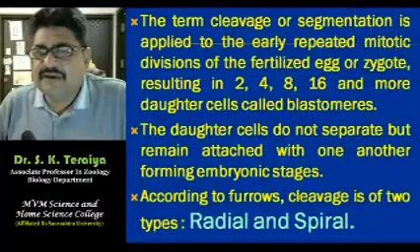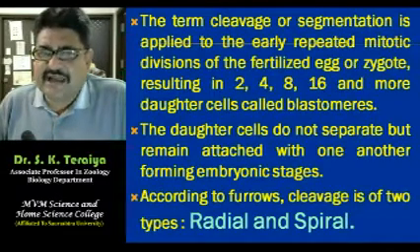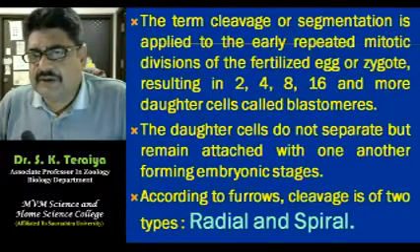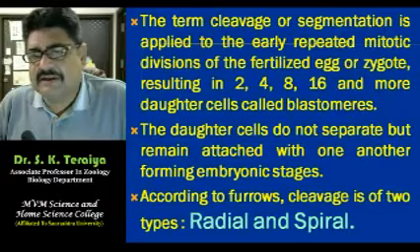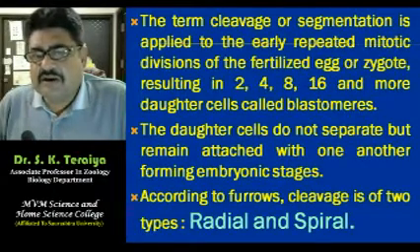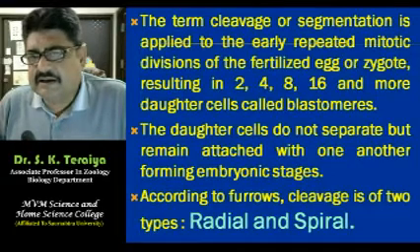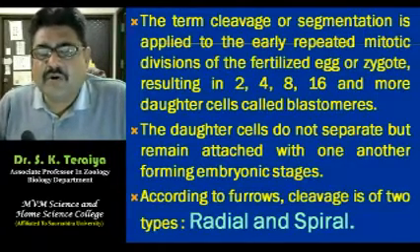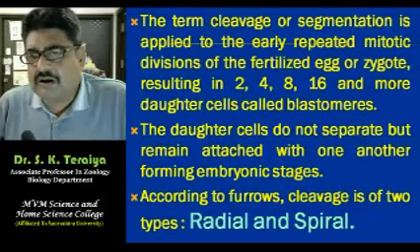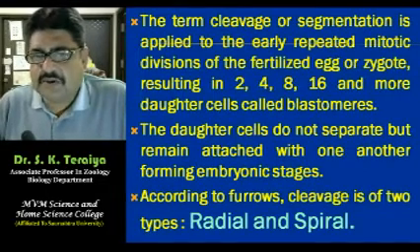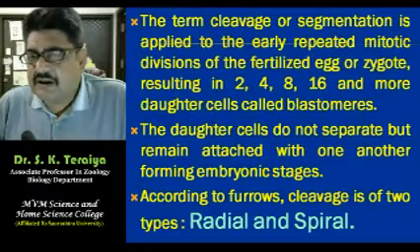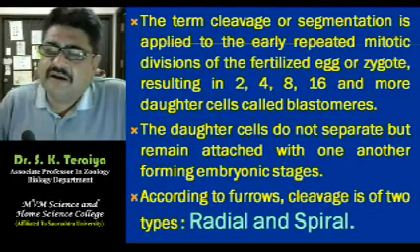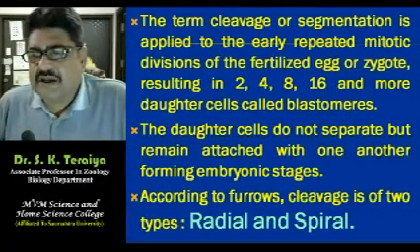The term cleavage or segmentation is applied to the early repeated mitotic division of the fertilized egg or zygote, resulting in 2, 4, 8, 16 and more daughter cells called blastomeres.